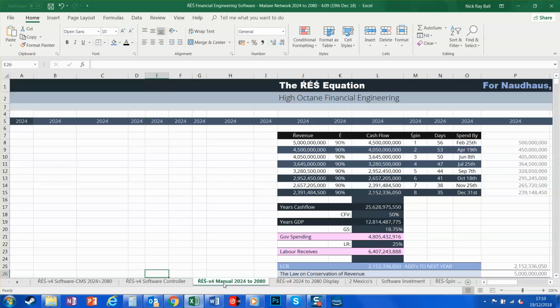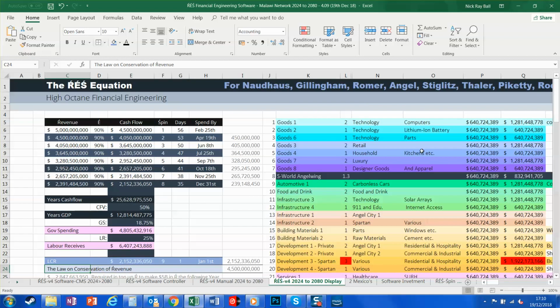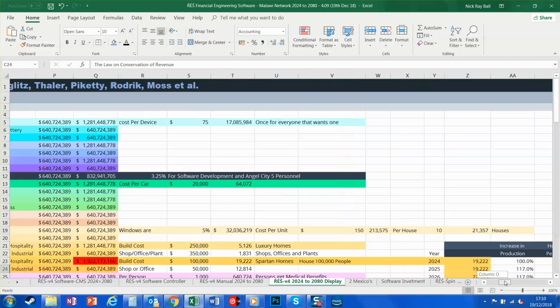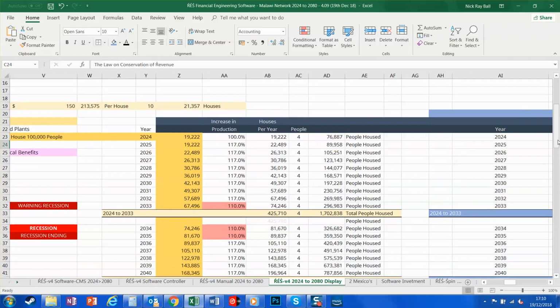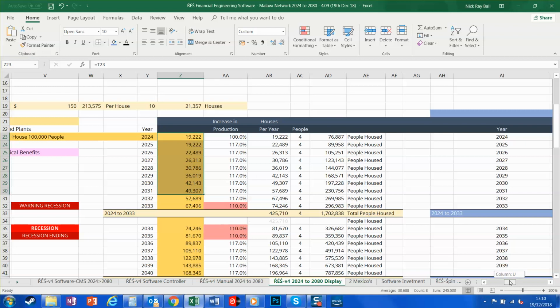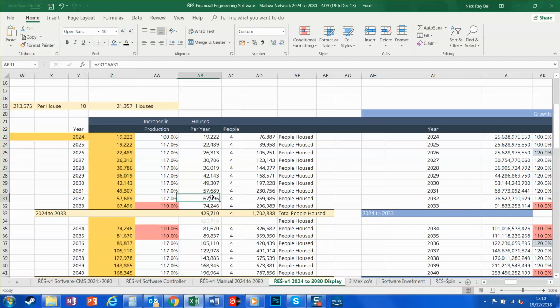Today is mostly about this one here, Res Manual 4 2024 to 2080, the data from which is used over here. We go over to here and we start to go down to the right, and this is looking at the amount of houses built and the amount of people housed.